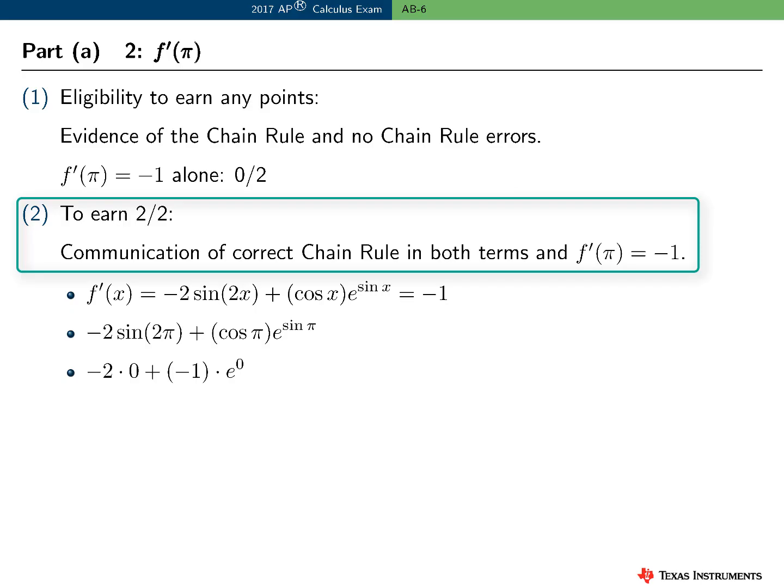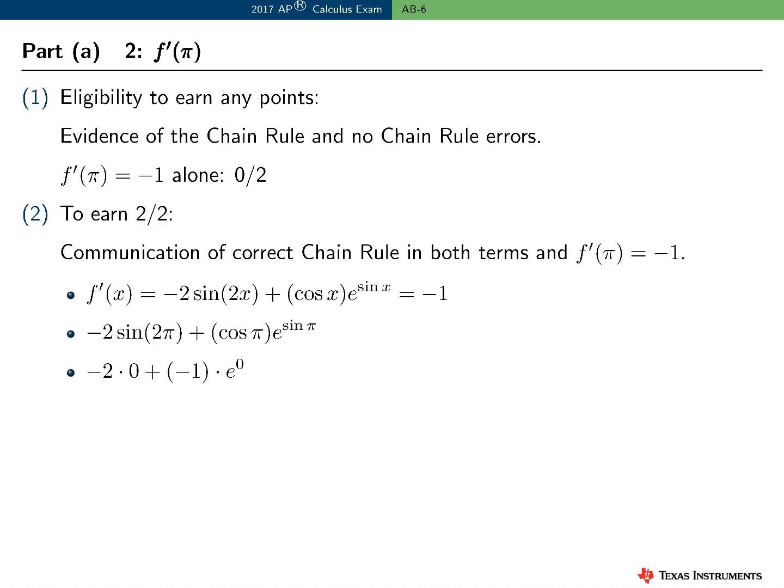Here's the general philosophy in order for the student to receive full credit or 2 out of 2 points in this part. They needed to communicate the correct chain rule in both terms and present the value of f prime of pi as -1. Here are some examples of minimal responses in which the student would receive 2 points.